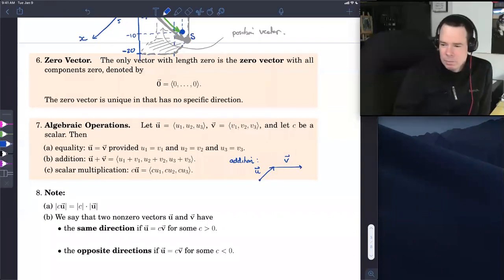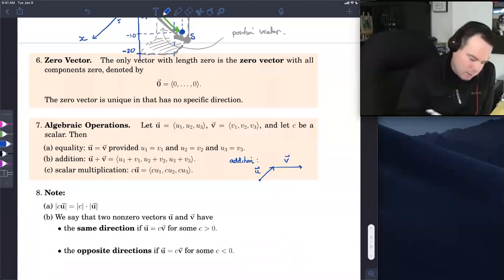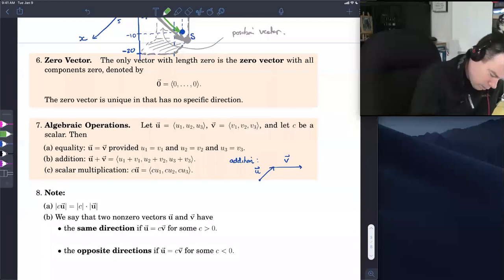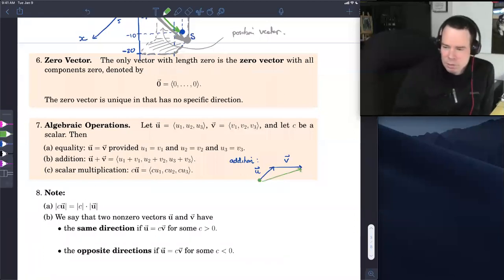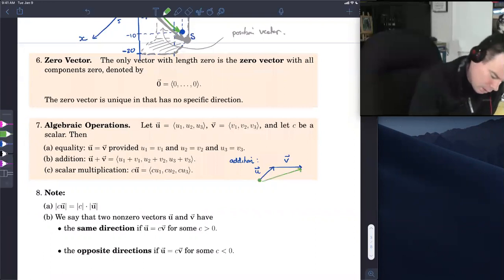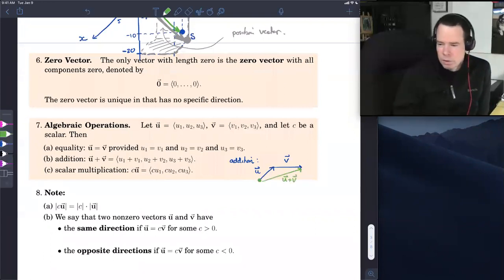So I slide it up so it lands at the tip of u. And then the resulting vector, which starts where u started and ends at the tip of v after it's been moved, that new vector is what we call the sum of the original two vectors. It's like tacking one onto the end of the other.